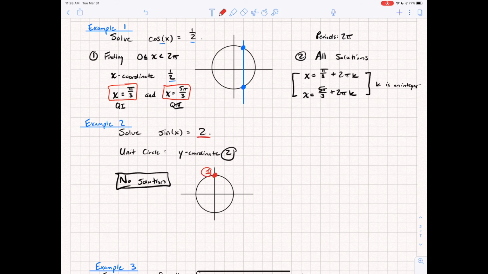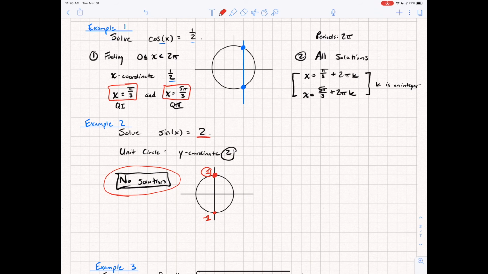And look at where we're at. So in other words, sine can never be greater than 1. And we know that because its range stops at 1. All of the outcomes for sine have to be in between -1 and 1. Meaning that if you have an equation where sine of x is equal to something greater than 1 or less than -1, there is always no solution. Always.